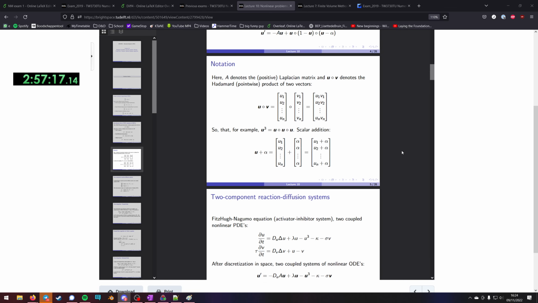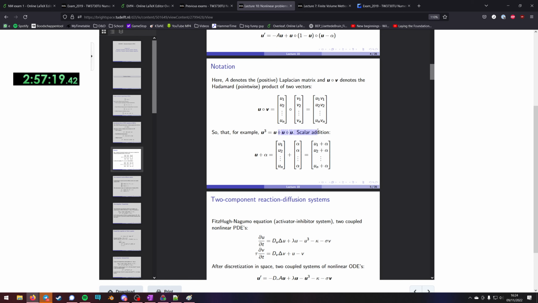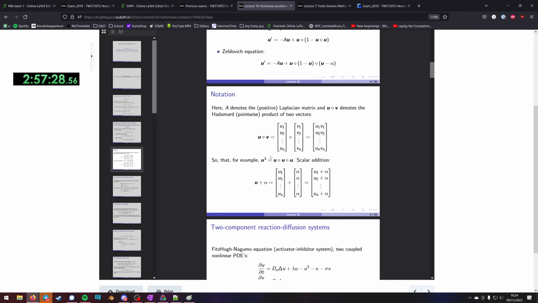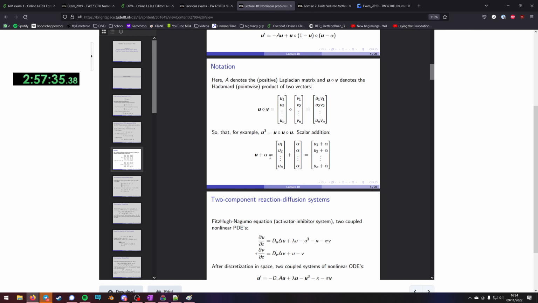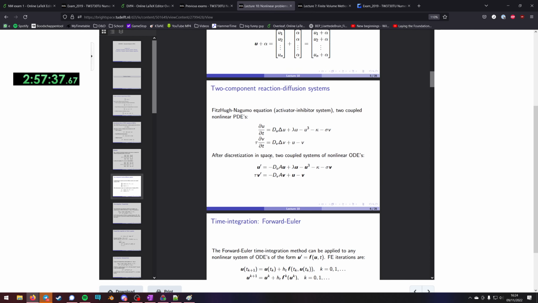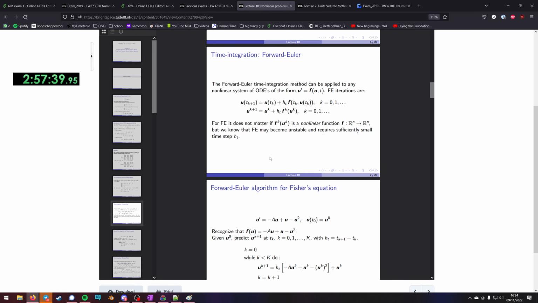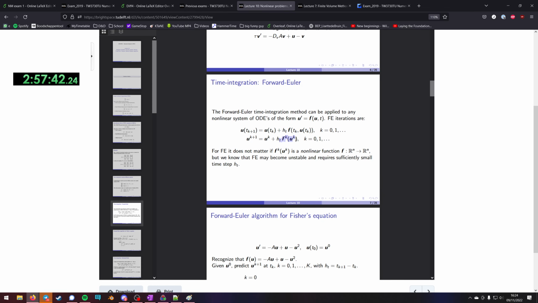Scalar addition. Okay, so this is pointwise product and pointwise addition. So yeah, we know about this, where f is the derivative of u.